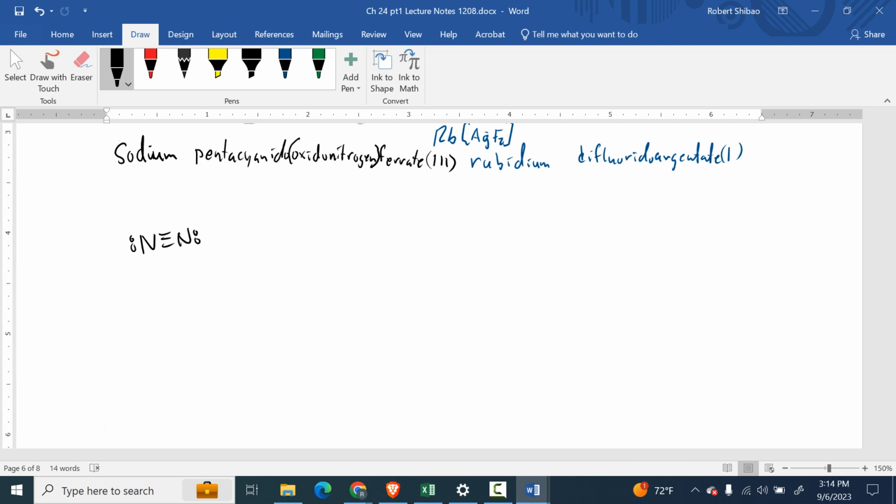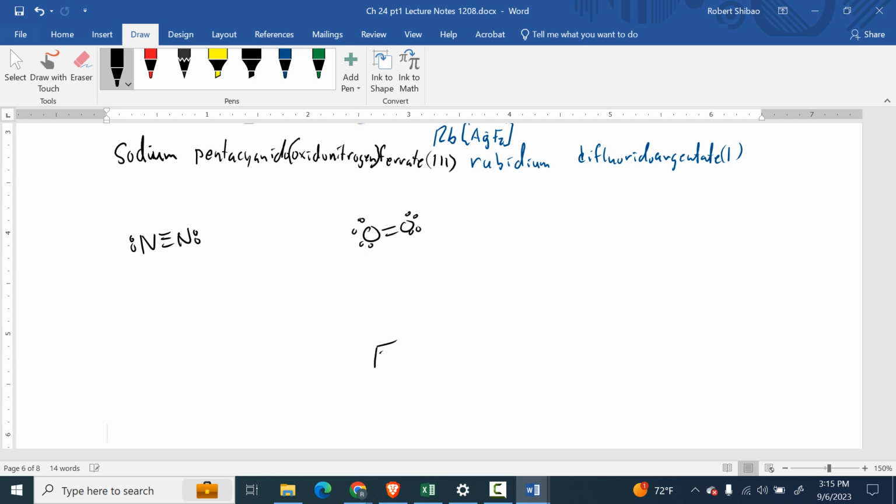Nitrogen. Bidentate? Okay. Monodentate? Monodentate is correct. It's not bidentate. And so this can act as a monodentate ligand. In fact, nitrogen can, oxygen can also act as a monodentate ligand. This would be oxygen here.